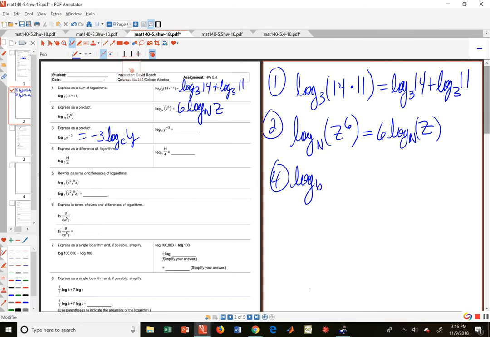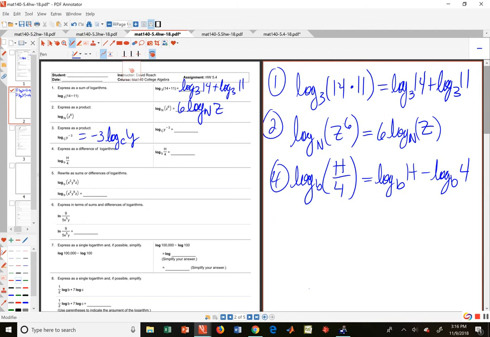You start with a quotient, and it turns into a difference. It comes from the quotient of 2 exponents with like bases: you subtract the exponents. That's exactly what we're doing here, subtracting the exponent associated with h from the exponent associated with 4.